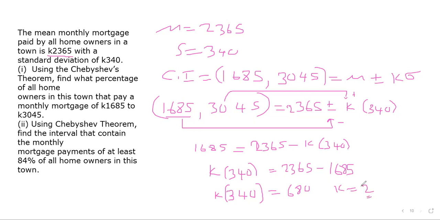Can somebody memorize what percentage at 2? What percentage will it be? This is 75%, which is 0.75. Excellent. So 75% is the percentage of homeowners that will pay within this range.